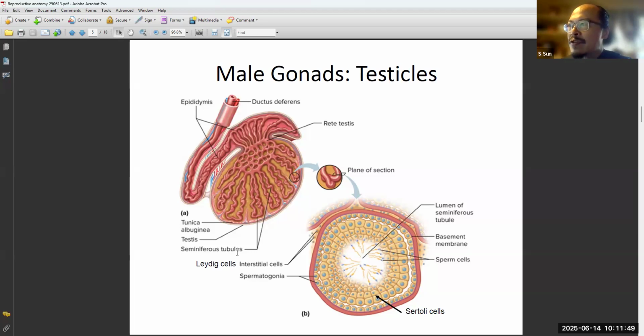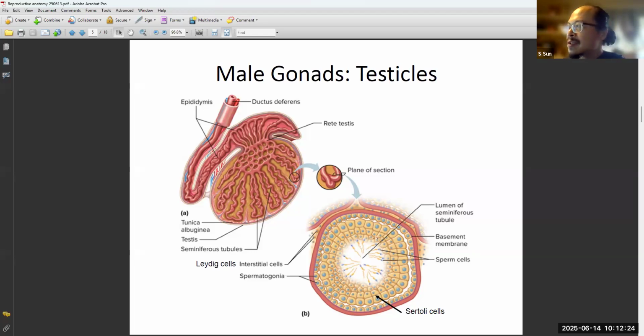In the seminiferous tubule, if we cut it in cross section right here, we can see the luminal side and the basolateral side. In the luminal side, you can see a circular arrangement of cells. In the central lumen, there aren't too many cells, but in the surrounding, you have many cells.